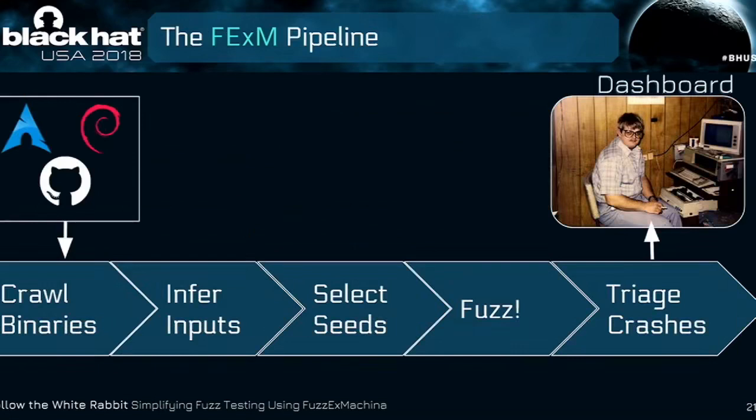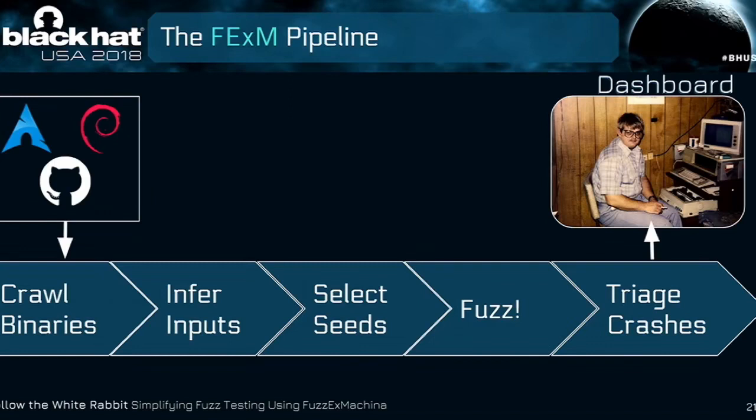So here's how FExM automates this pipeline. The only thing you need to provide is a package source, which can be either a BYOB configuration like Bhagava showed you, or it could be a package repository that you want to fuzz. So say you want to scale up, then you could tell FExM to download packages from pacman, say.